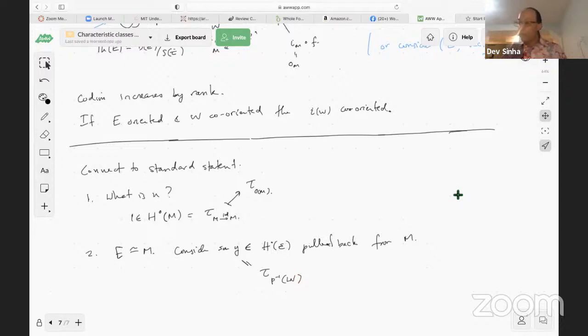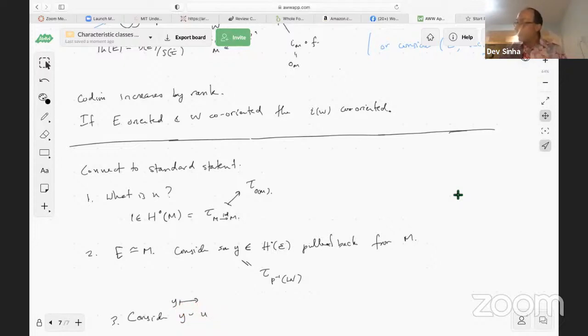And then what we're supposed to do in the Thom isomorphism is consider Y cup U. That is, Y goes to Y cup U is the Thom isomorphism map.